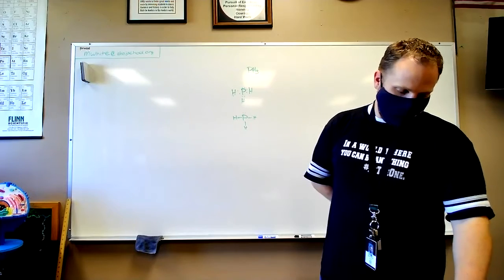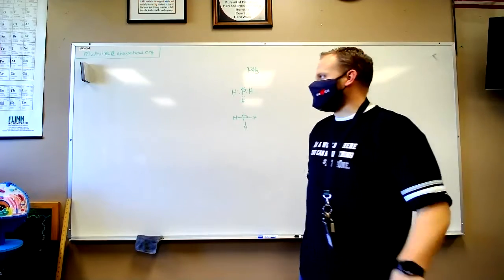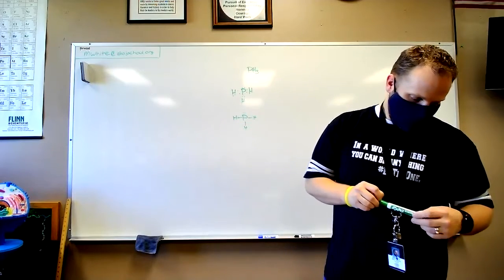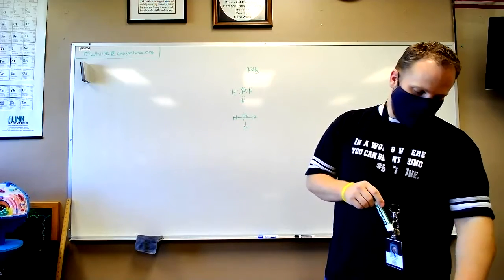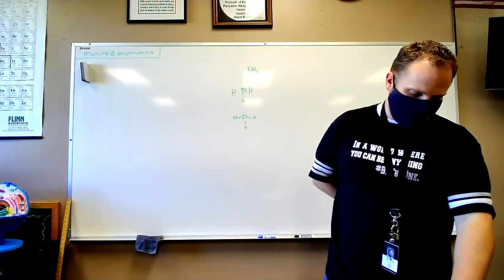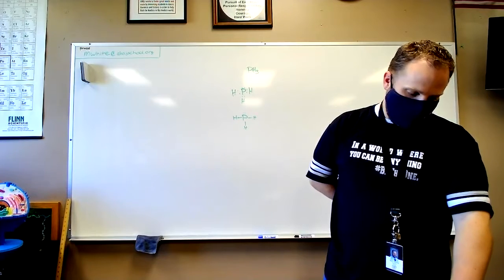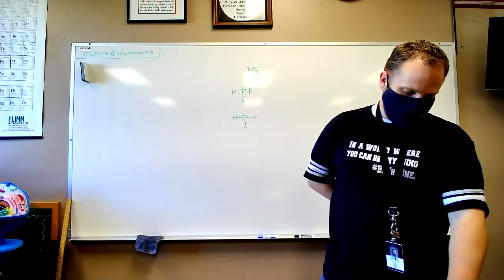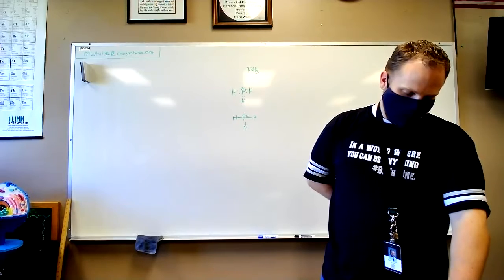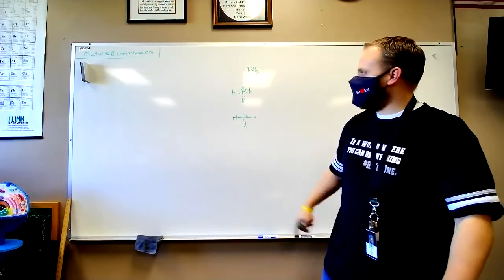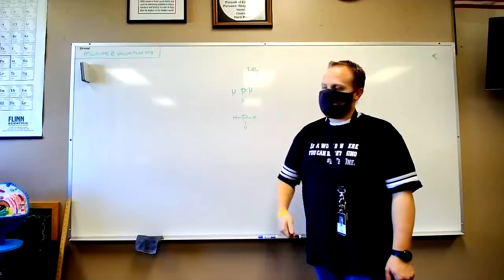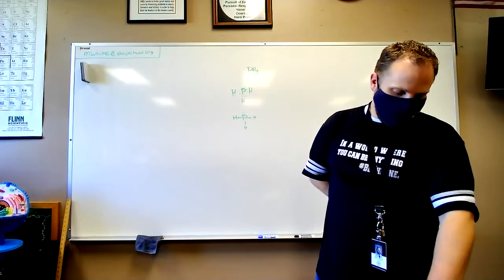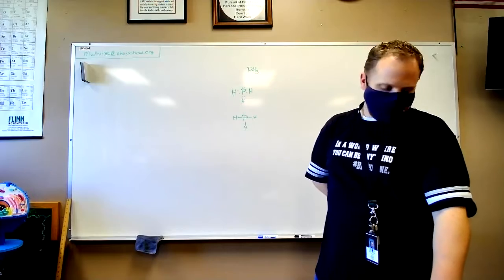Number 1, predict the location of certain atoms. So you just want to sort of predict how things are going to be. And it gives a little bit of hints here. The atom that has the least attraction for shared electrons will be the central atom in the molecule. This element is usually the one closer to the left side of the periodic table. Okay. Obviously not in this case because hydrogen is as far left as you can get, but if you are not dealing with hydrogen, then yeah.